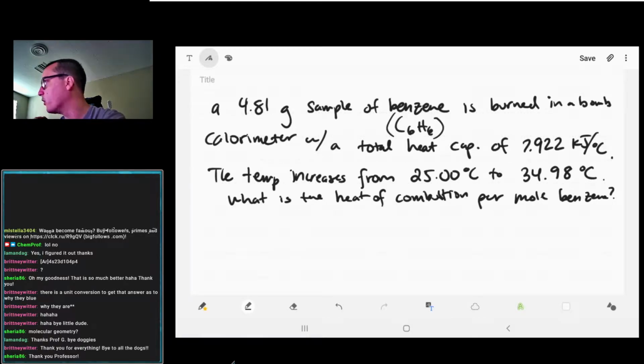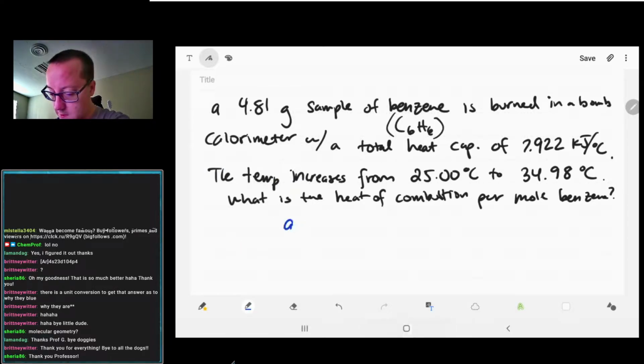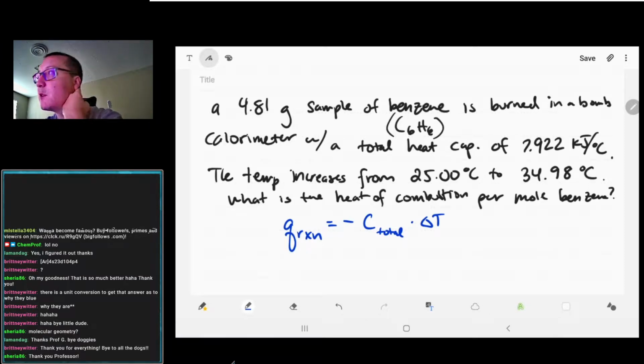Okay, cool. So let's go ahead and take a look here. Remember with bomb calorimeters, the Q of the reaction is just the total heat capacity times delta T, right? Because the mass for a bomb calorimeter is already included in the total heat capacity.